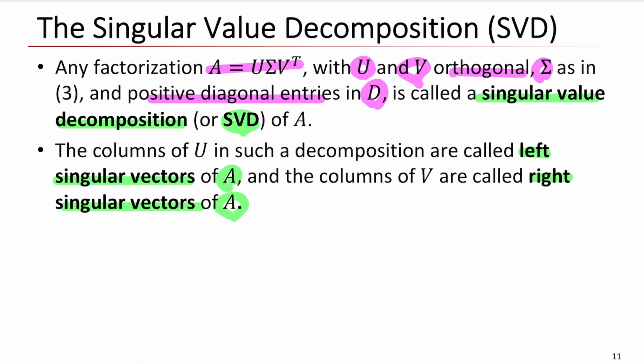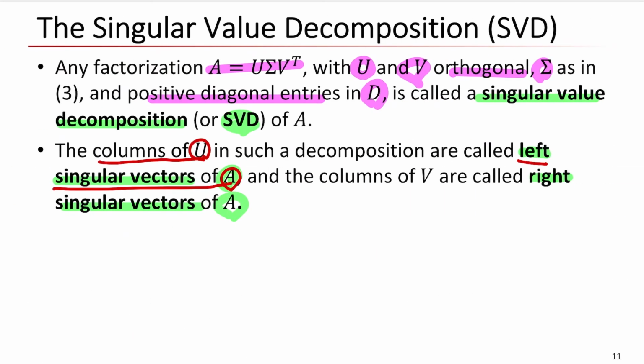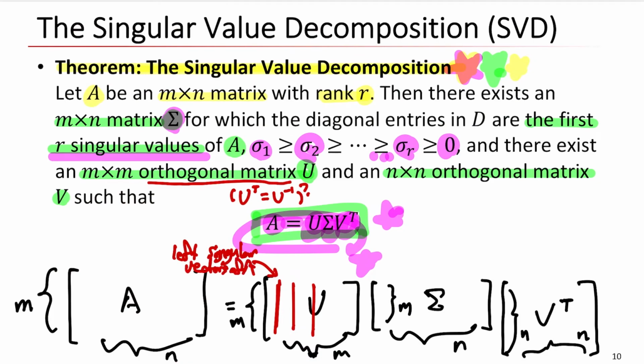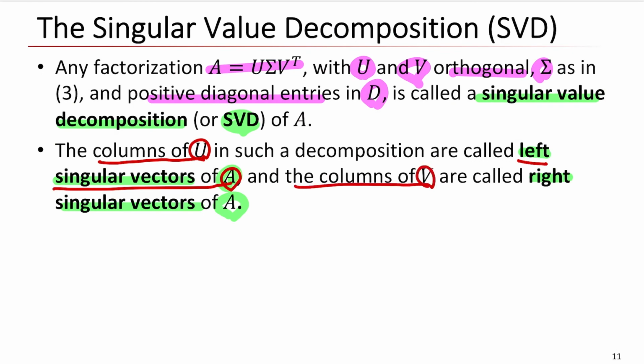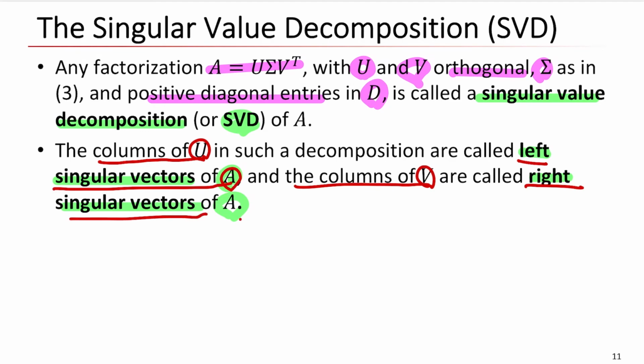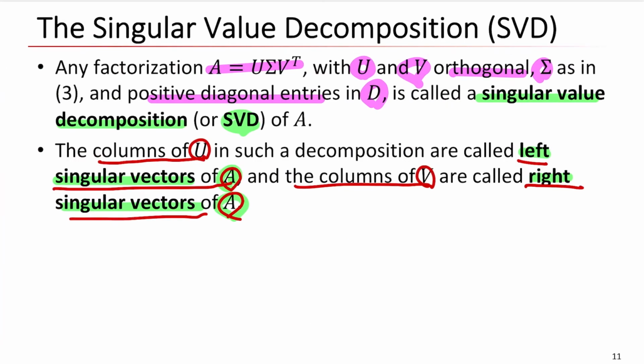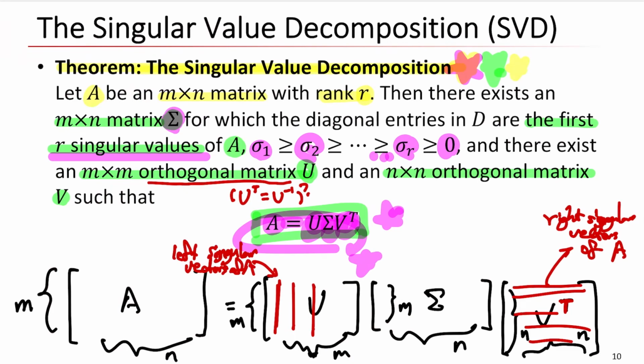In this case, the columns of U are called the left singular vectors of matrix A. The columns of matrix V, since there is a transpose here, are called the right singular vectors of matrix A. Yeah, this is the definition of the singular value decomposition.